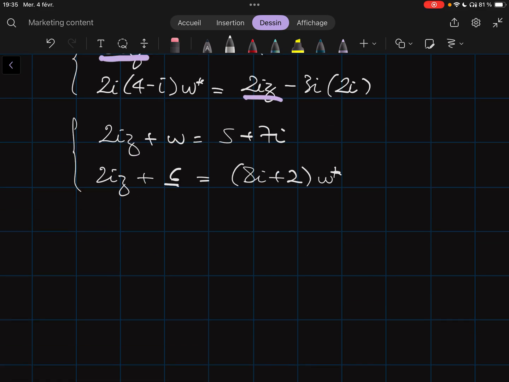Subtracting the second equation from the first equation, we would get w minus 6 is equal to 5 plus 7i minus 8i plus 2 w star. And from this point, I think we all know what to do.